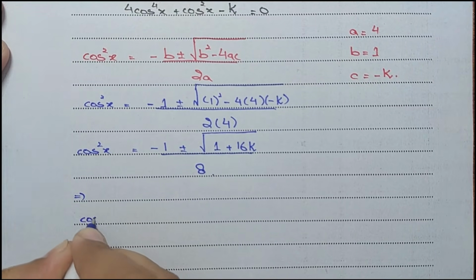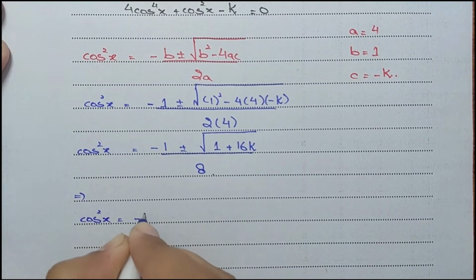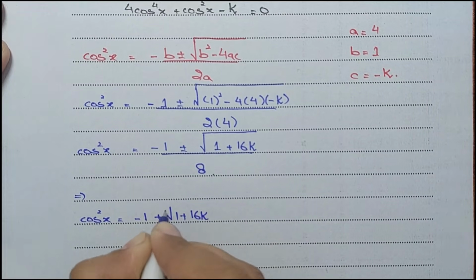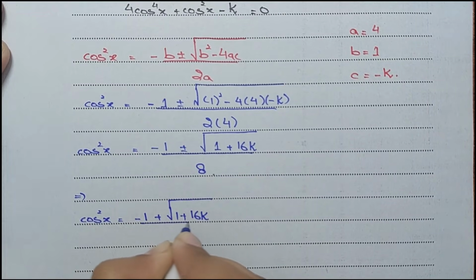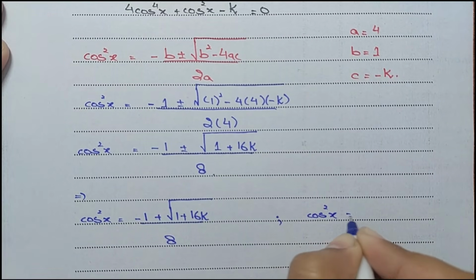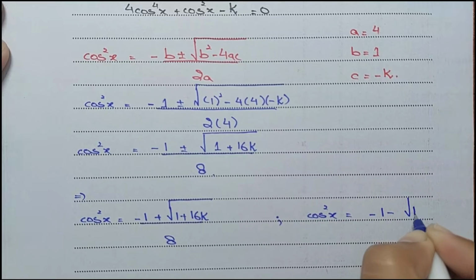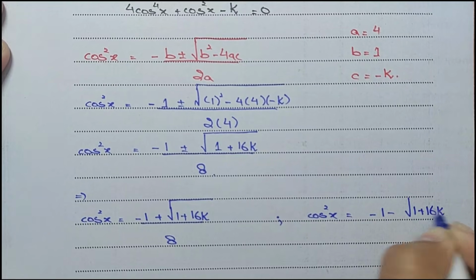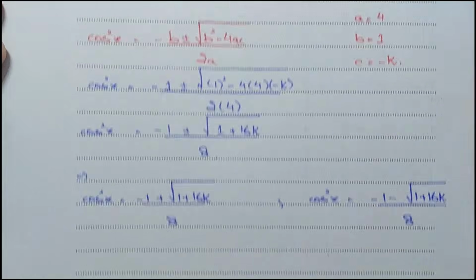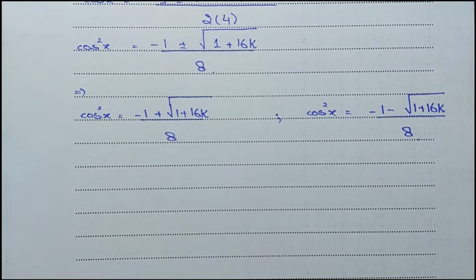So the first one is cos square x is minus 1 plus root 1 plus 16k divided by 8. Or the other one is cos square x is minus 1 minus root 1 plus 16k divided by 8. Okay.